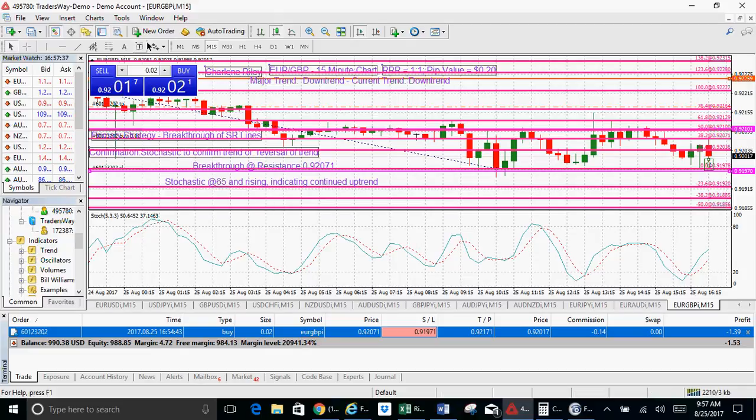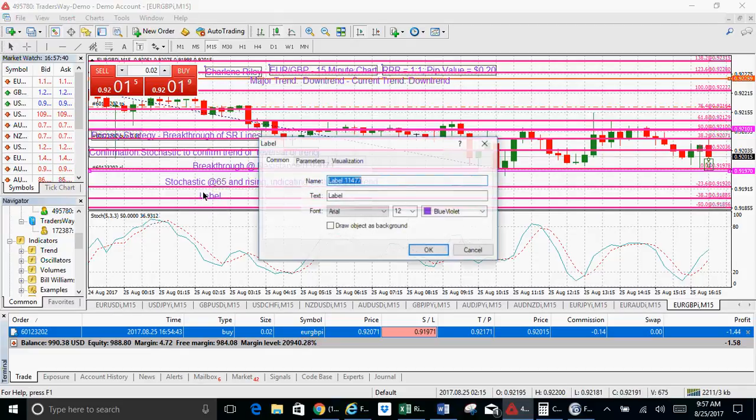And then, so what I did, because of that, I entered into a buy at 0.92071 with a take profit at 0.92171, and the stop loss at 0.91971.